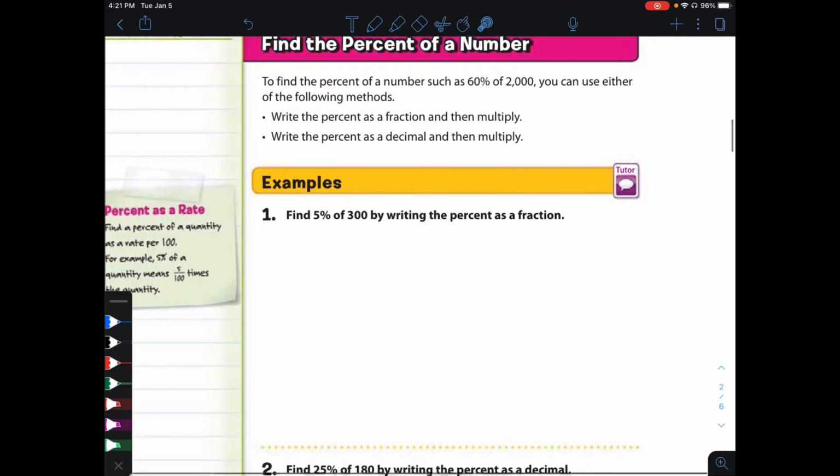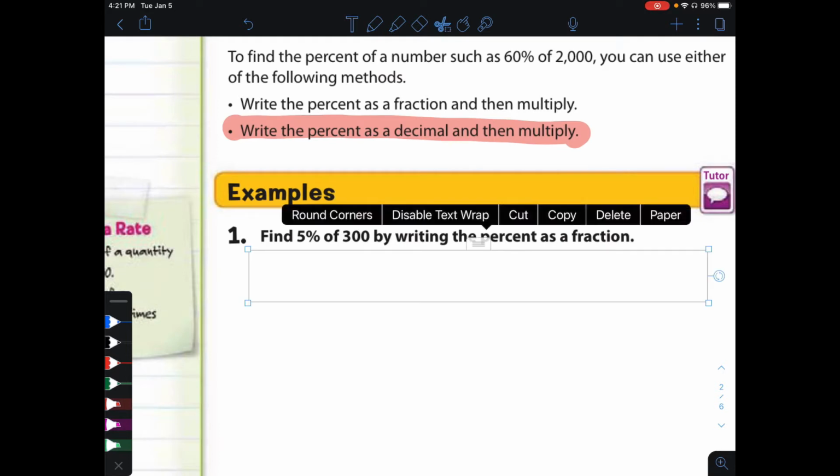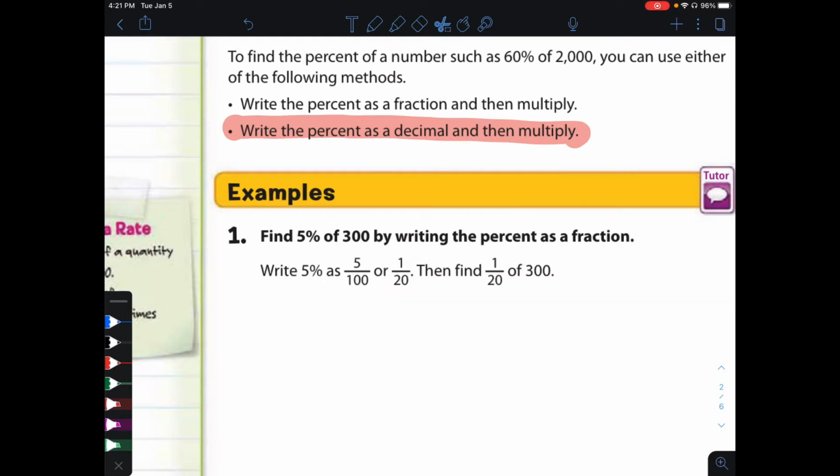If we want to find 5% of 300 by writing the percent as a fraction, we are going to use this method right here. First, we write 5% as 5 over 100. Remember, when you talk about the word percent, it's by the hundreds, so the denominator will always be 100.